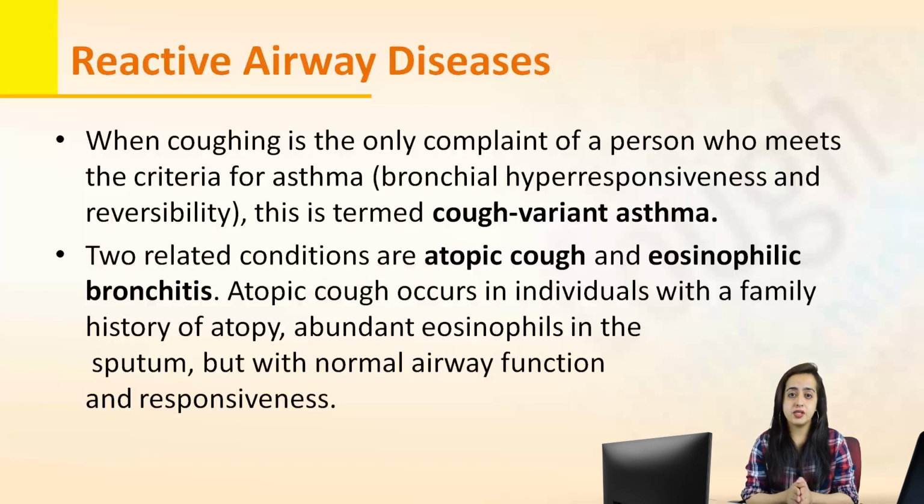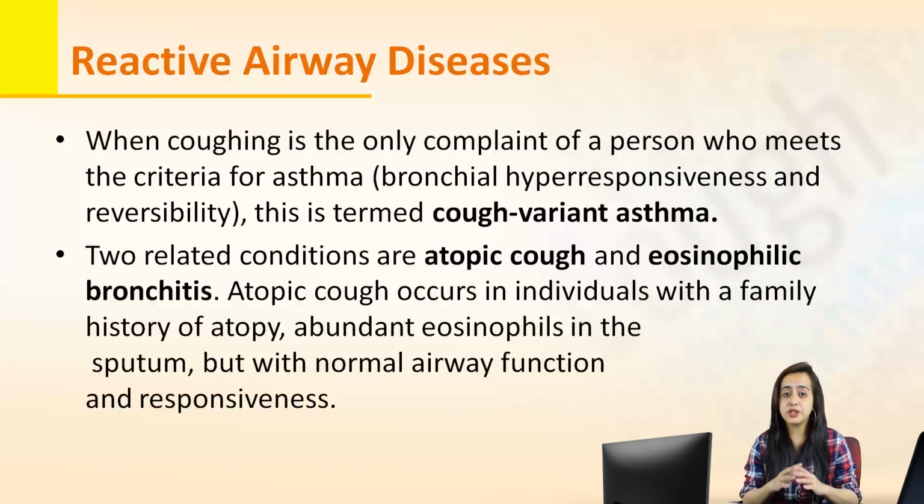So what happens is, if a patient comes to us where cough is the only complaint, but the patient meets the criteria for asthma, that is, there is bronchial hyperresponsiveness and reversibility present, we term this condition as cough variant asthma.